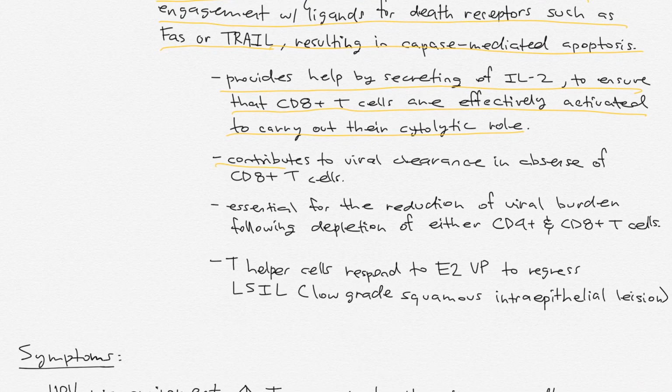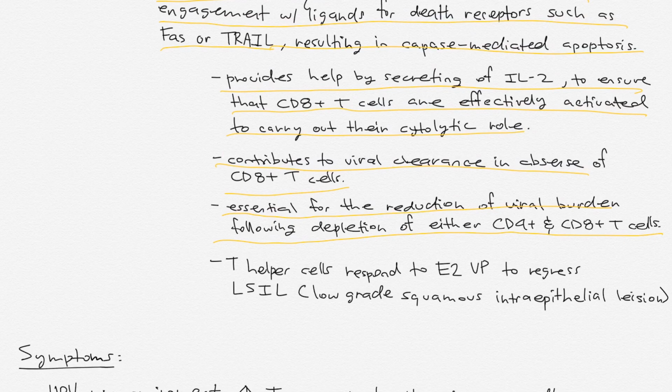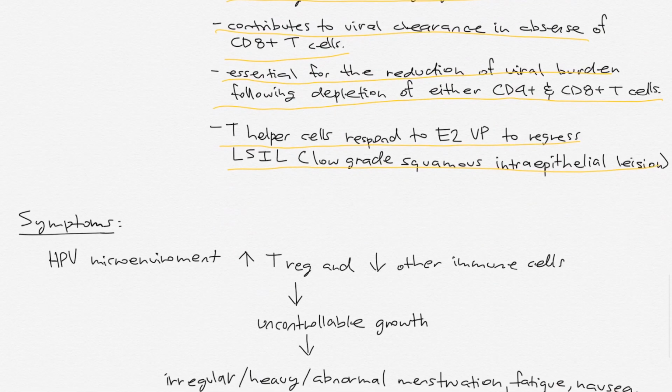This also contributes to viral clearance in the absence of CD8 positive T cells. It is also essential for reduction of viral burden following depletion of either CD4 positive or CD8 positive T cells created by the microenvironments by the HPV virus. T helper cells respond to E2 viral protein to regress LSIL, which is also known as low-grade squamous intraepithelial lesion.